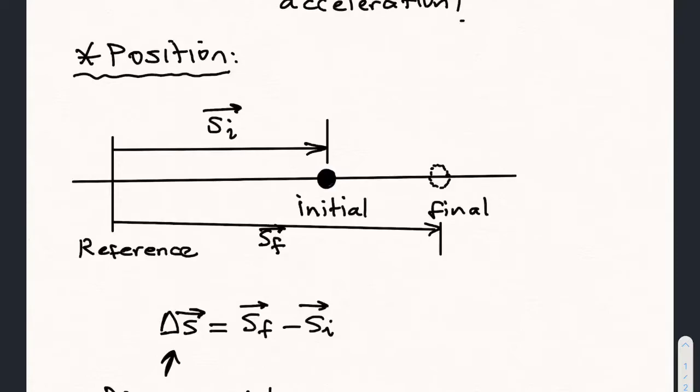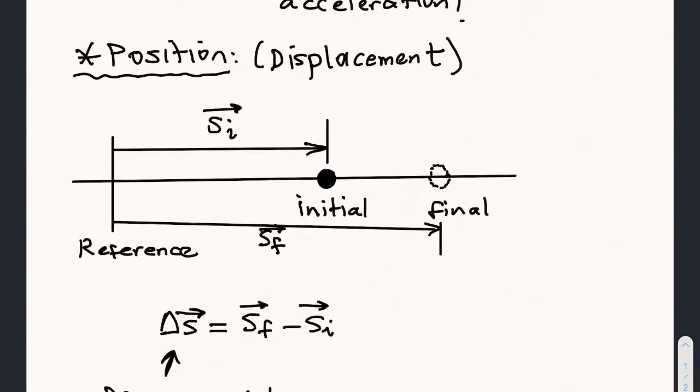Displacement is also a vectorial quantity because I can say that the particle moved from left to right. Okay, so in addition to the position, also we need to understand the notion of displacement.